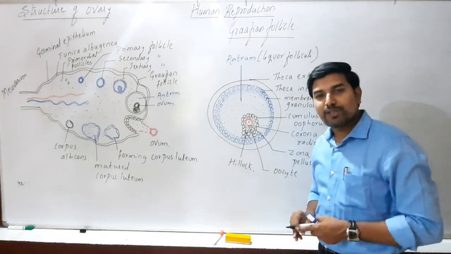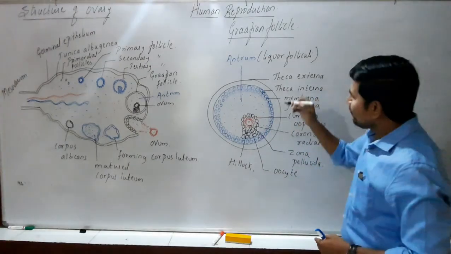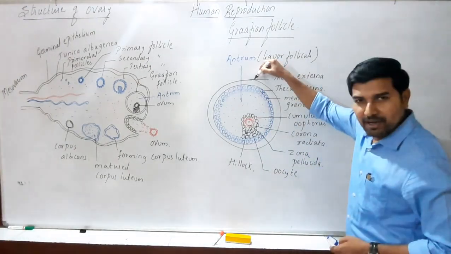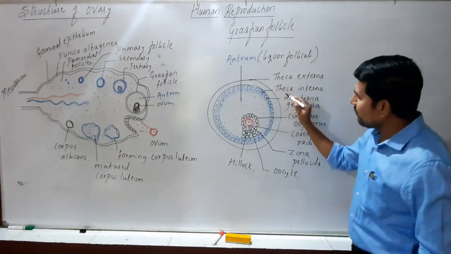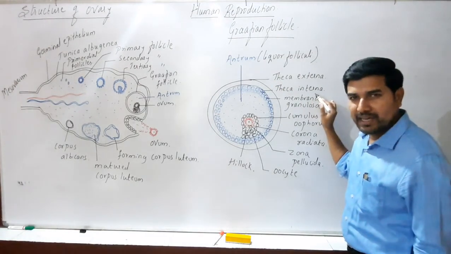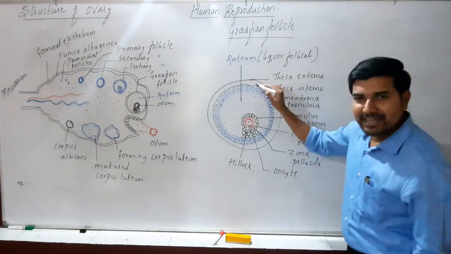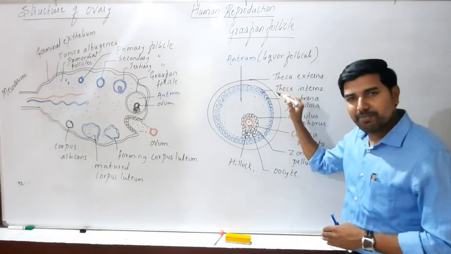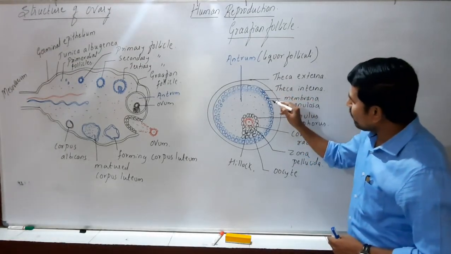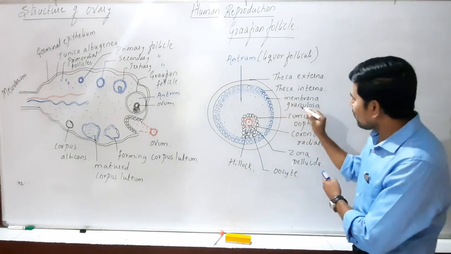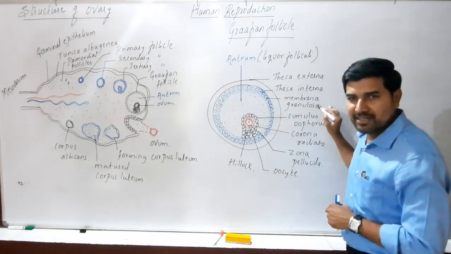Now, if we look at the detailed structure, the Graafian follicle has an outer layer of cells called theca externa. Below the theca externa, we have theca interna, one more cell layer. Then in between these two, there is a membrane which is also called a basement membrane. Below the theca interna, we have 2 to 3 layered cells called membrana granulosa cells.